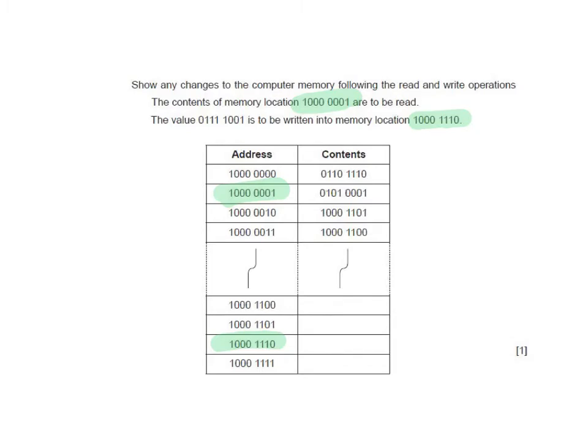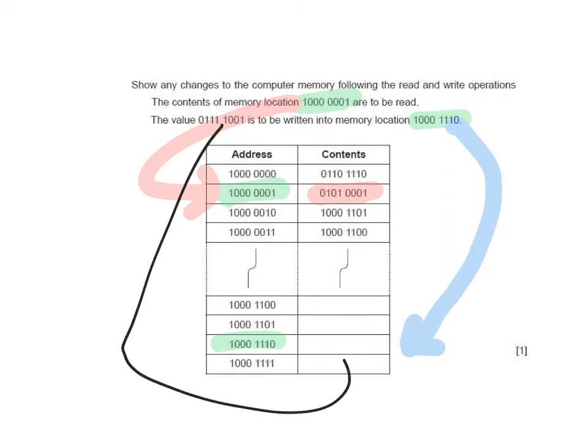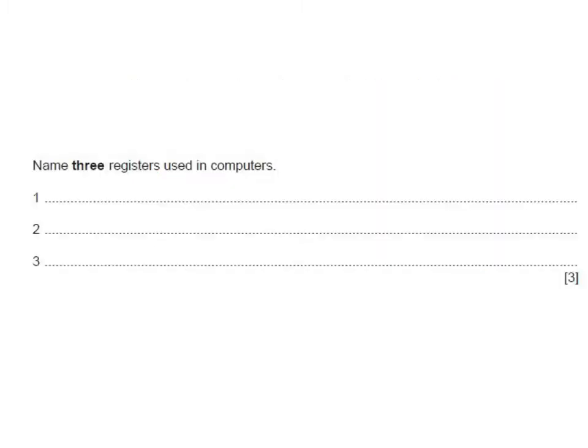So this one, there's no change because it's just a read operation, but write operations like this one are going to change. So the final answer you would want to be writing down for this one is that value. It's got to go in there because we're writing that into memory. It's the same question really, just asked slightly differently.